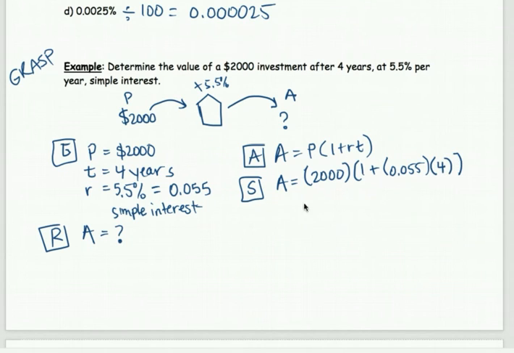Go through and use BEDMAS: look inside the brackets first. Let's calculate this part first: 0.055 times 4.